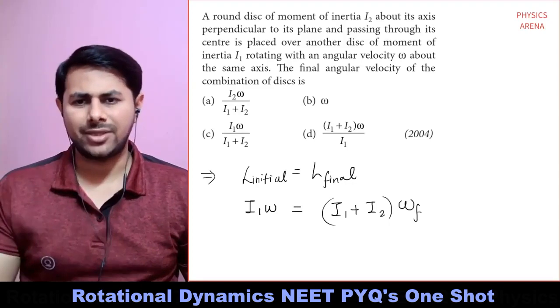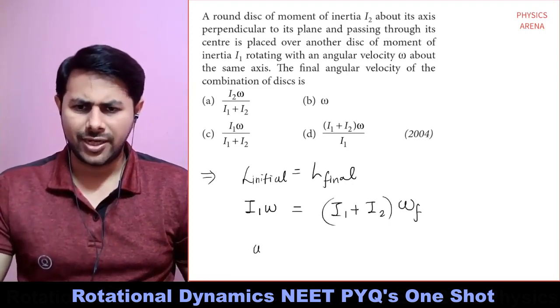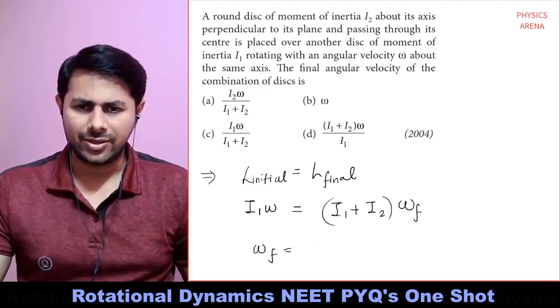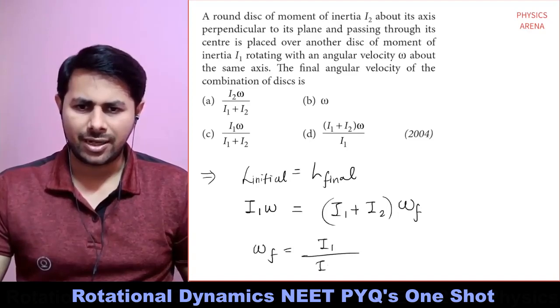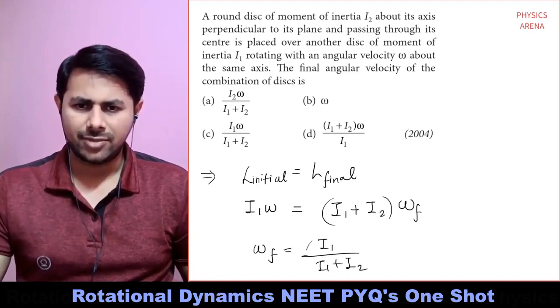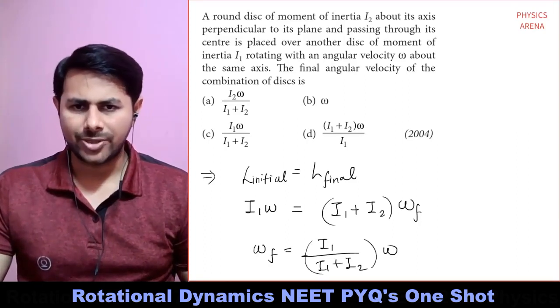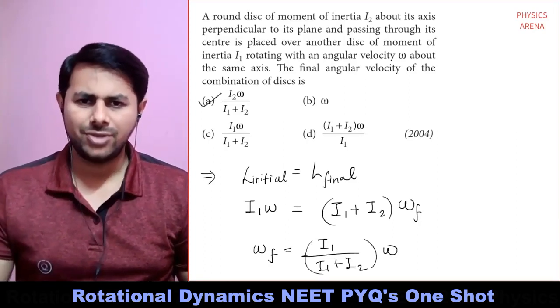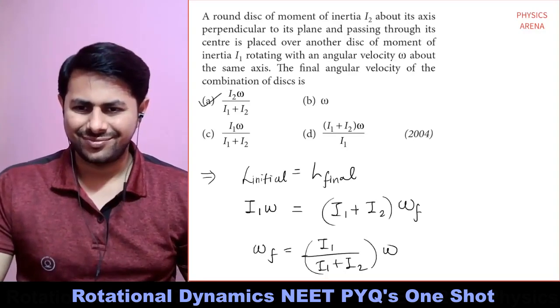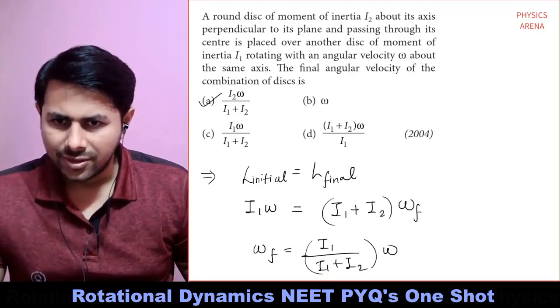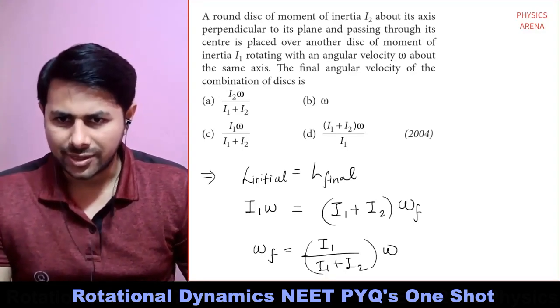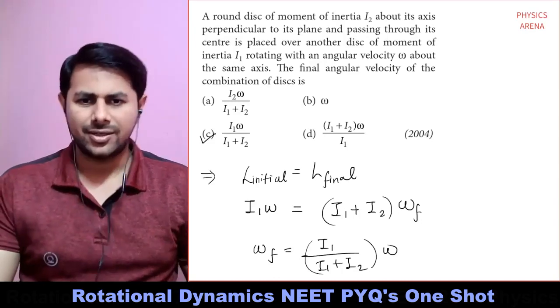Now take I1 plus I2 to the left hand side. So you get omega f equal to I1 upon I1 plus I2 multiplied by omega. So option A. This was the simplest one. Let's see. Oh, this is I1, sorry. This is C.